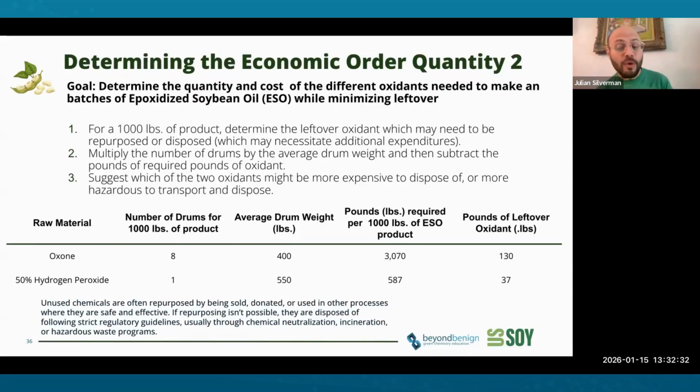In a factory, right, you really need to think about where that 130 pounds of oxone is going to sit. And so these are things that as chemists we might not think about, but the engineers focus on quite a lot. The business people are really concerned about because for every pound of leftover chemical, this is another aspect of cost that you need to consider. Makes me very glad to be a chemist because I don't need to worry about this day to day, but it makes you realize all those little things that you're seeing along the way really begin to add up.